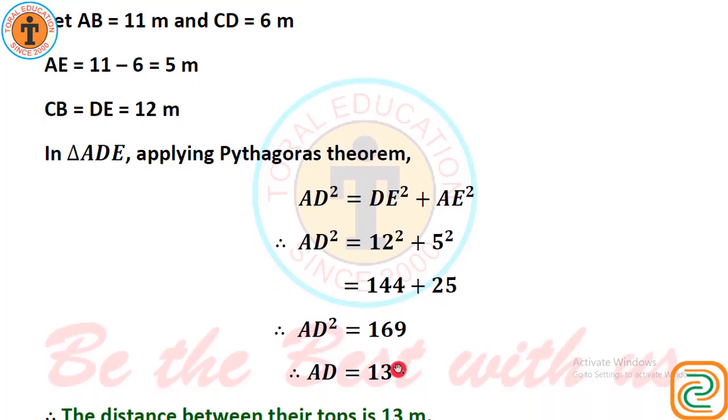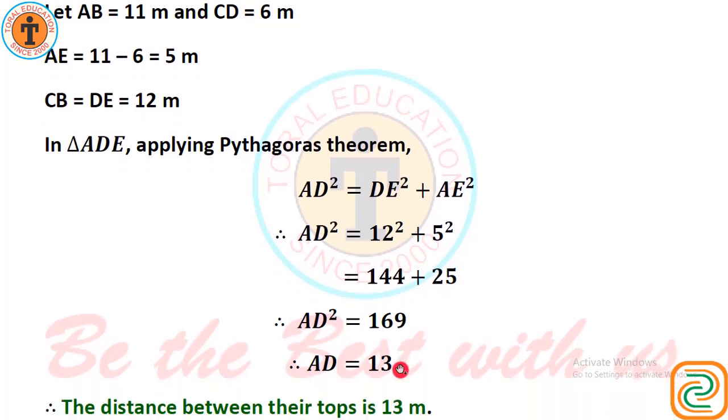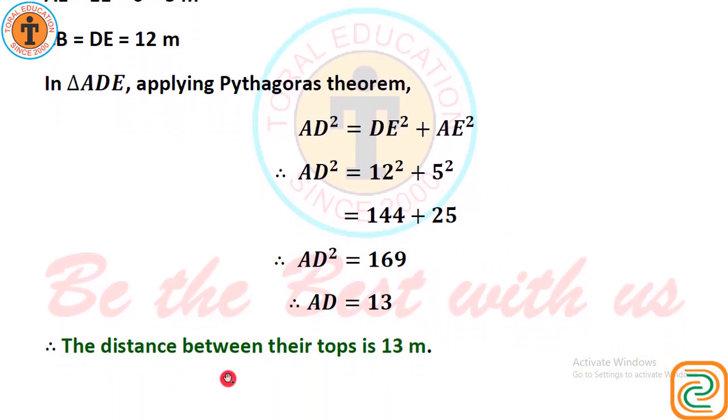AD square equals 169. Therefore AD equals 13. So the distance between the tops is 13 meter.